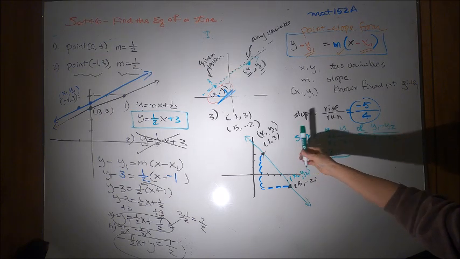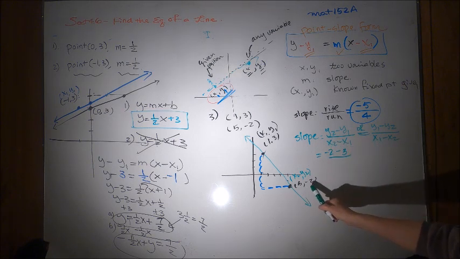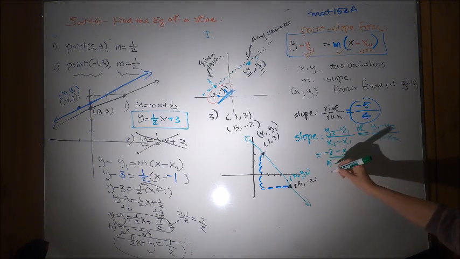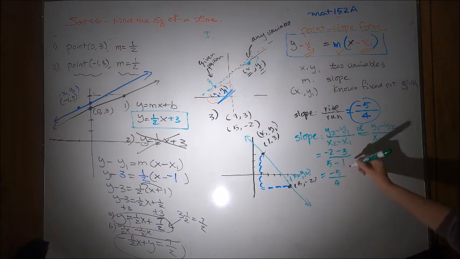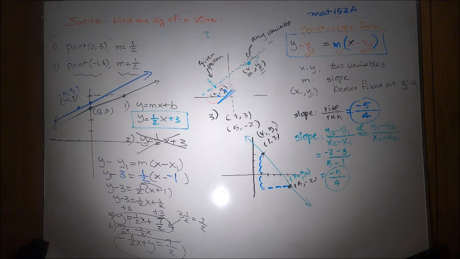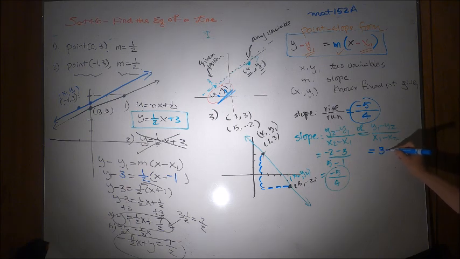So if you plug in, y2 is -2 minus y1 is 3, right? Then x2 is 5, x1 is 1. So what do we have? -5 over 4. Do we have same thing? Yes. Or if you use y1 minus y2, let's see what will happen for this one. y1 is 3 minus y2, so you can write 3 minus -2, right?